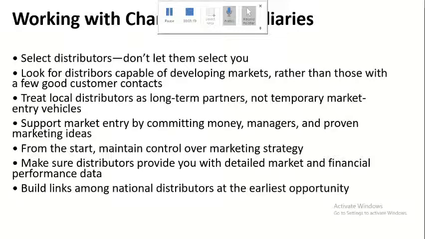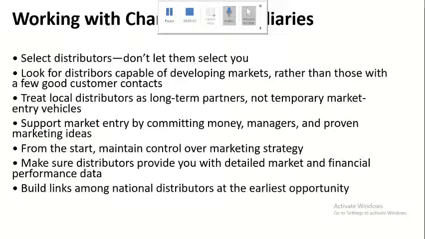The fifth is from the start, maintain control of marketing strategy. Make sure the distributor provides us with detailed market and financial performance data. And the last is link more national distributors at the earliest opportunity.